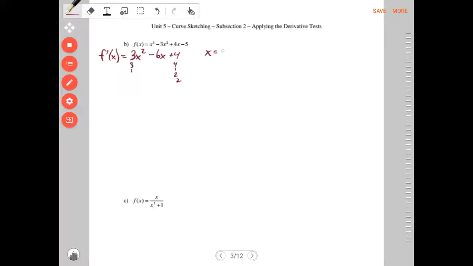So x, remember, this is negative b plus or minus square root of b squared minus 4ac all over 2a. Okay, so this will get us there regardless of what method we use.